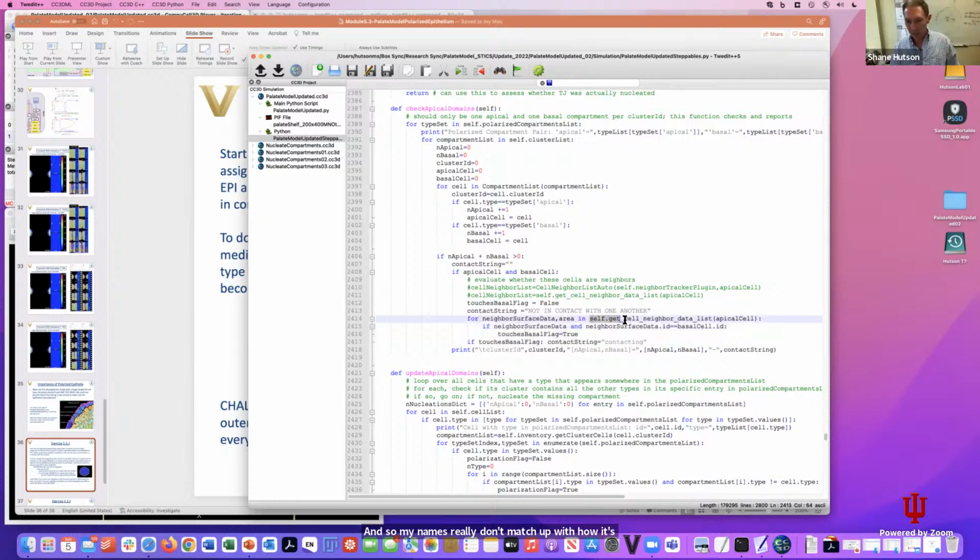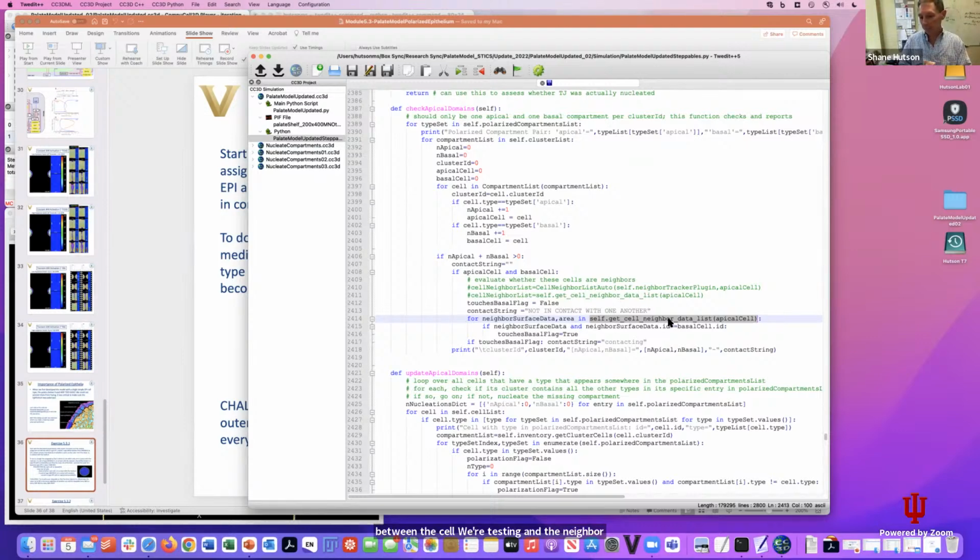But there's this function self.getCellNeighborDataList of a particular cell. And that will actually return a list of tuples. The first element of each tuple is just the neighboring cell, one of the neighboring cells. And the second element of each tuple is the contact area between the cell we're testing and the neighbor we found.